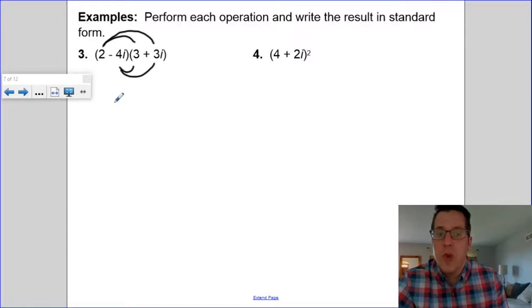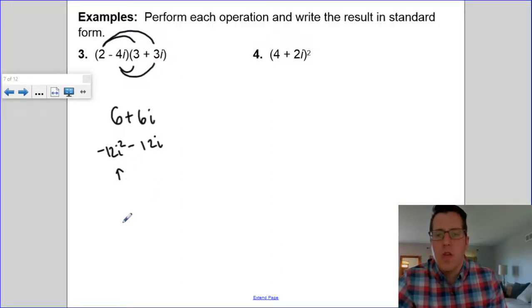And using that foiling pattern that we learn in Algebra 1 or pre-algebra, we would get 6 plus 6i minus 12i minus 12i squared. Now the reason I wrote that minus 12i squared there is, remember that i squared equals negative 1.